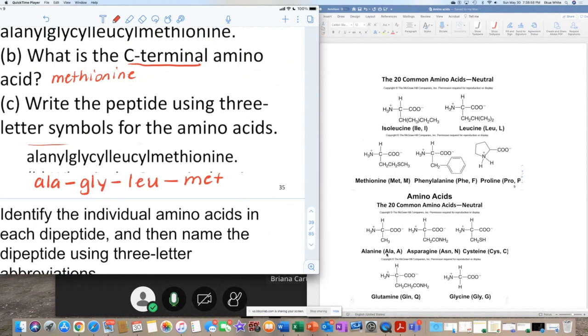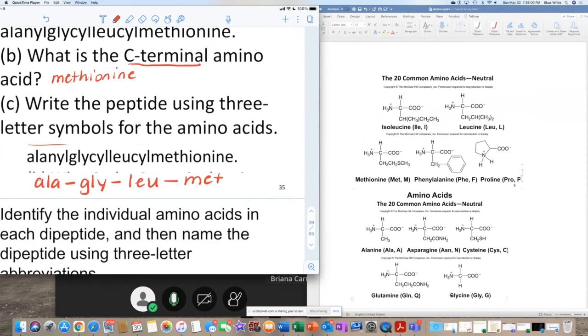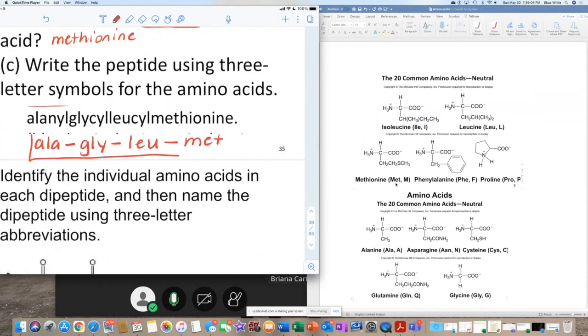Yeah, alanine, ALA, glycine, I saw it somewhere, GLY, leucine, LEU, methionine, MET. Yeah. Okay. So that will pretty much be the 3-letter symbols for the amino acid. If they ask for 1-letter symbols, just use the 1-letter symbols. You know, A, G, L, M.